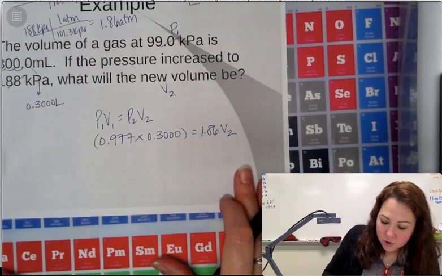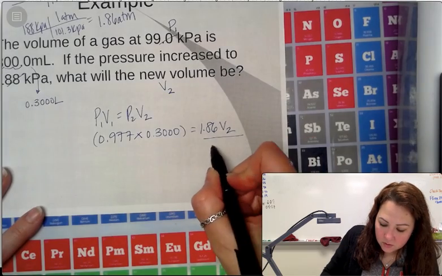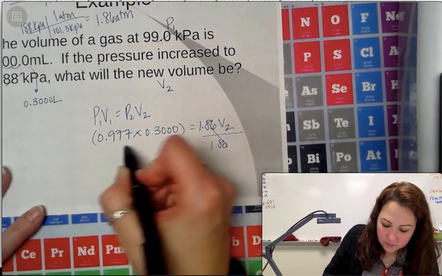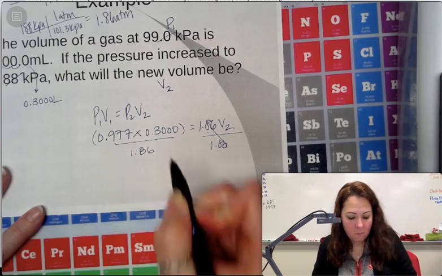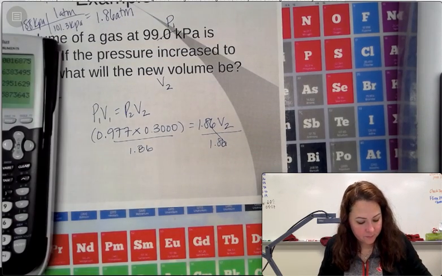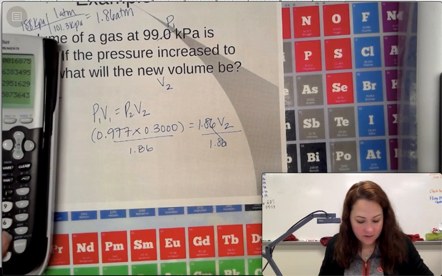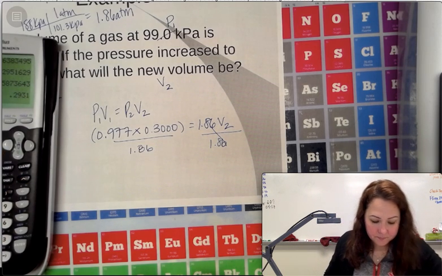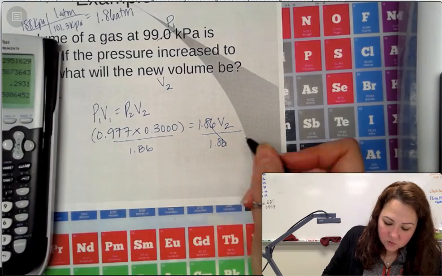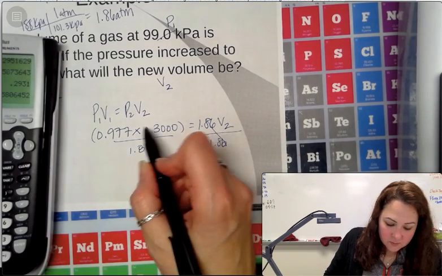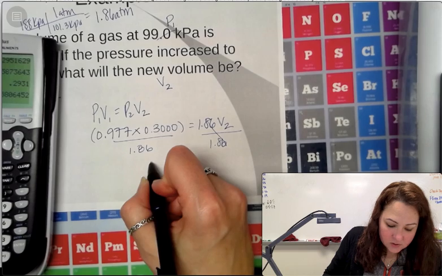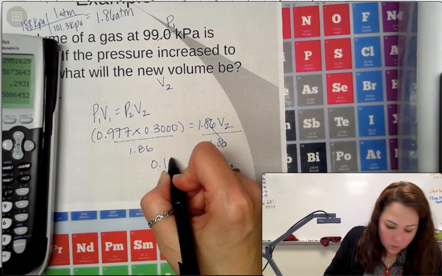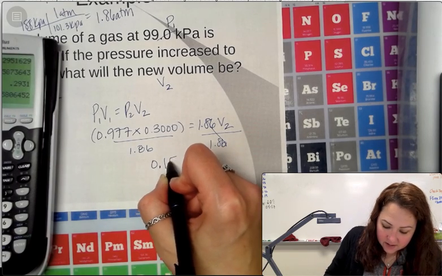So now in order to solve for V2, I'm going to divide both sides by 1.86. So I have 0.977 times 0.3 divided by 1.86. 3 sig figs, 4 sig figs, 3 sig figs. My answer has to have 3 sig figs. 0.158.